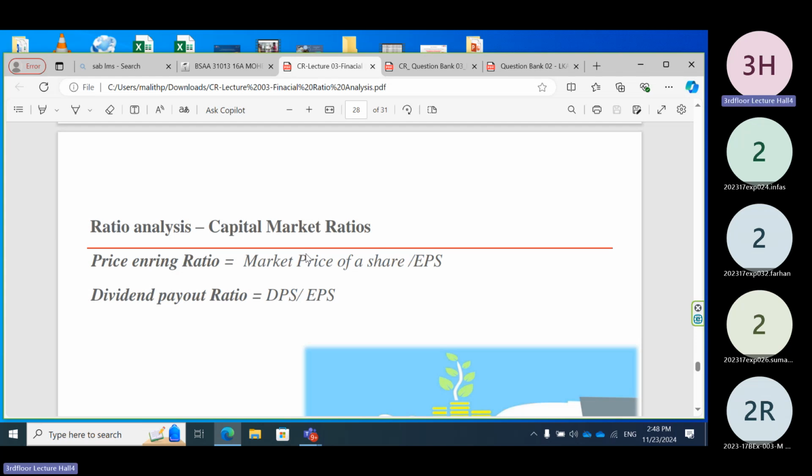So then we calculate the PE ratio for that company. We assume that the PE ratio will reflect in the B company. That's the assumption we are putting.